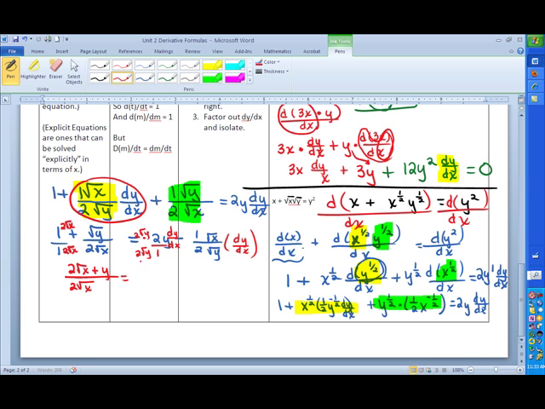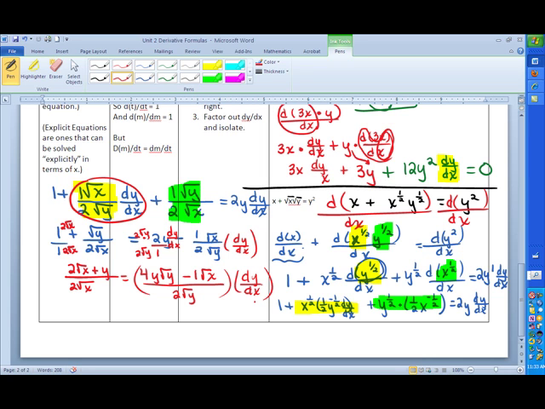So that's going to give me 4y square root of y minus square root of x all over 2 square roots of y, and we have dy dx factored out from both of those.